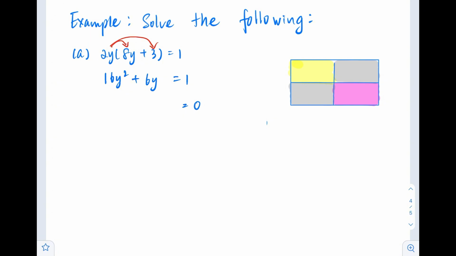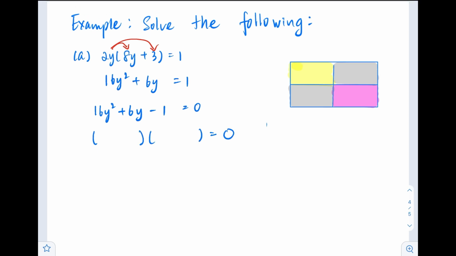So we will need to subtract 1 on both sides of the equation. We will have 16y squared plus 6y minus 1 equal to 0. So how can we express this as something times something equals 0? In order to do that, we will need to factorize 16y squared plus 6y minus 1.